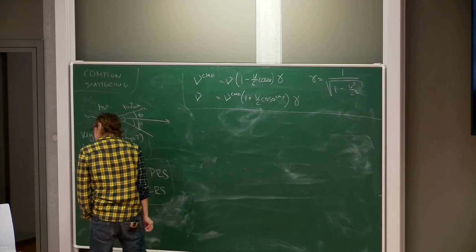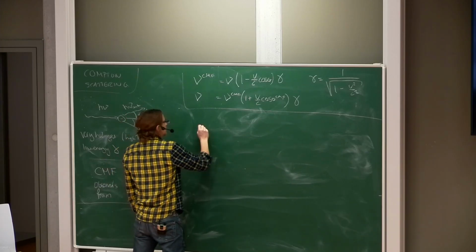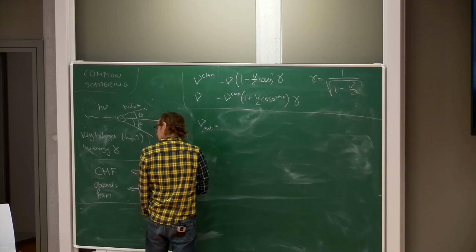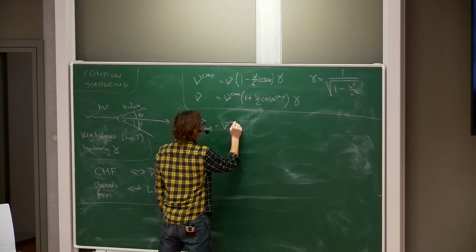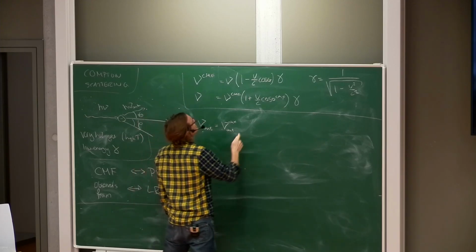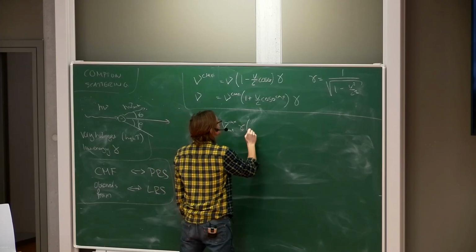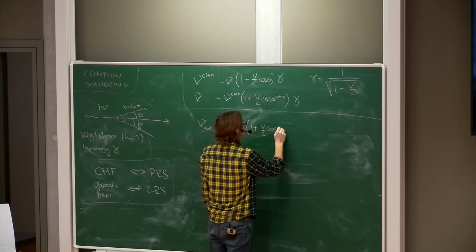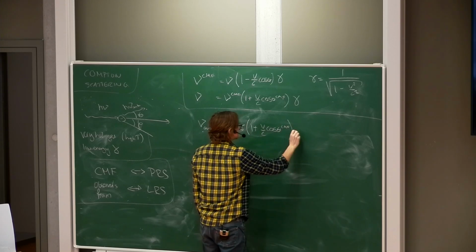And then we can just set out that nu out after the scattering will just be nu co-moving frame out, gamma times 1 plus V over C cosine theta co-moving frame, like so.